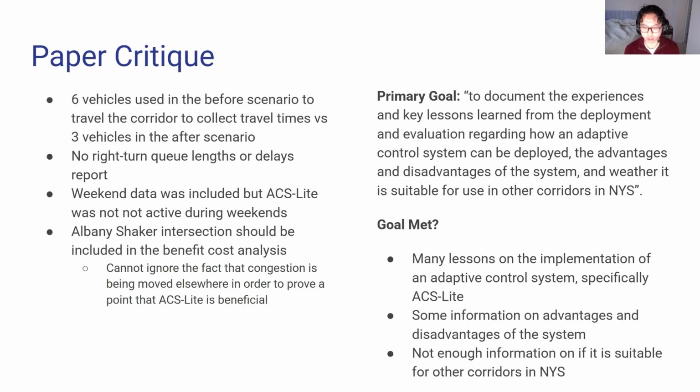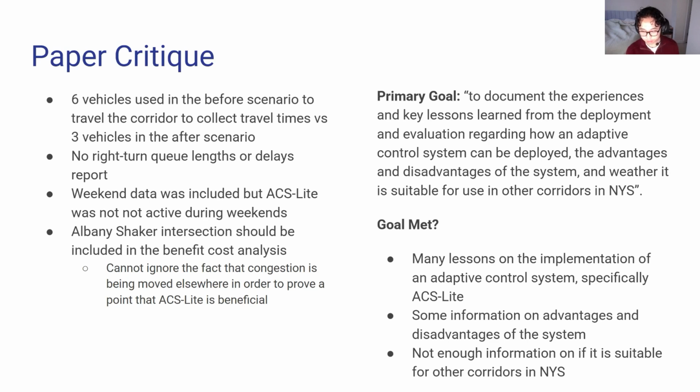I do believe that there are many lessons on the implementation of an adaptive control system, specifically ACS Lite, in terms of software updates and any pedestrian issues that we mentioned earlier in the limitation section. That can be fixed for next time, and that was simply because this is the first time that ACS Lite was used in a study corridor in Virginia, right?